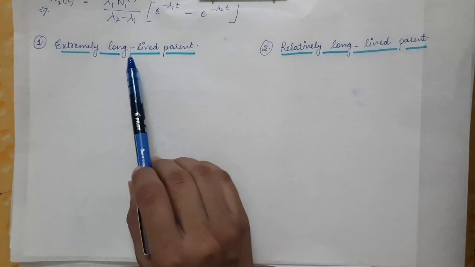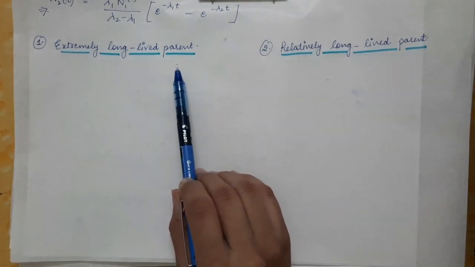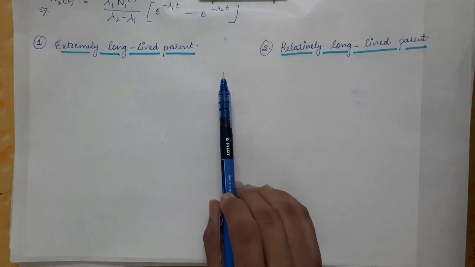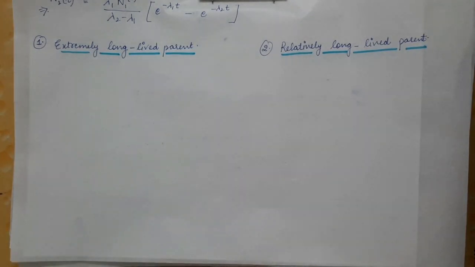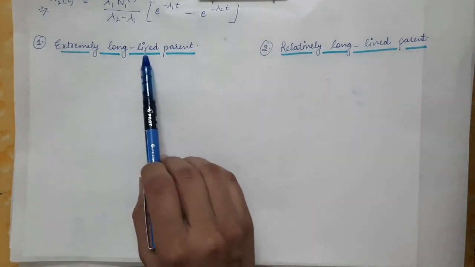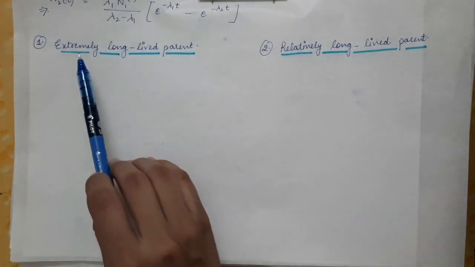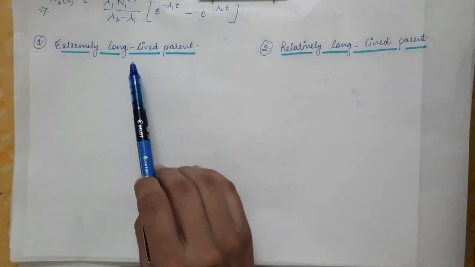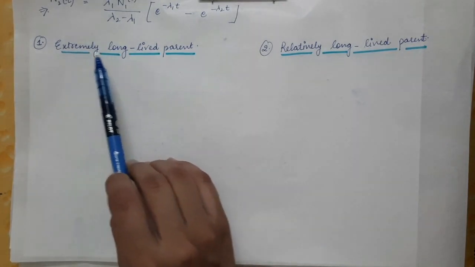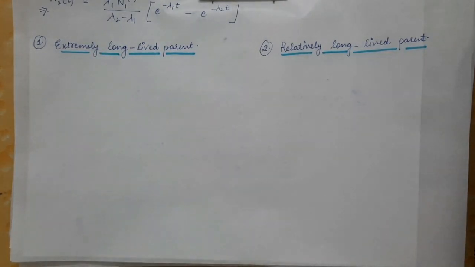So they have a very large half-life as compared to the half-life of the daughter nuclide. We have already seen the concept of half-life. If any nuclei is extremely long lived as compared to another, that means the half-life of that nuclei is extremely large as compared to the half-life of the other nuclei which we are talking about.